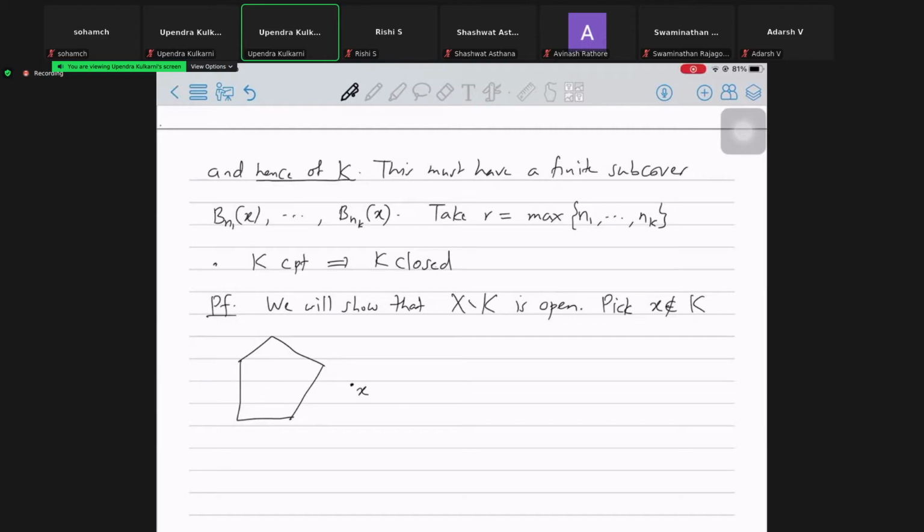What I want to do is put a small circle around X that does not intersect K at all. If I'm able to do that, then I will be done.